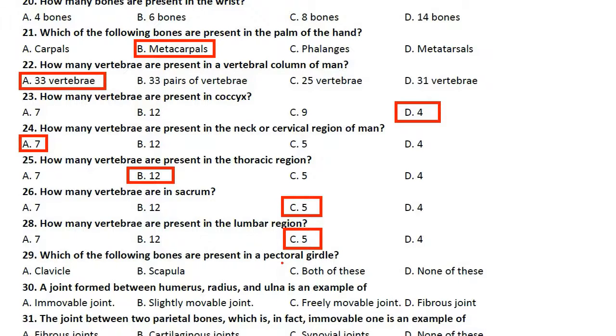So both of these options are correct. Question number 30 is, a joint formed between humerus, radius and ulna is an example of. Here we have to pick the type of joint, and we must remember that humerus, radius and ulna form a freely movable joint, so option C is correct.